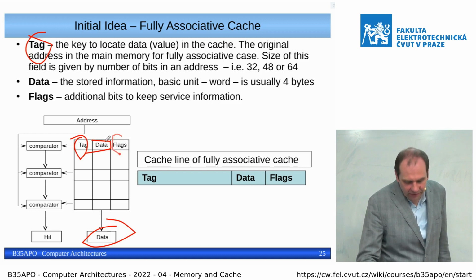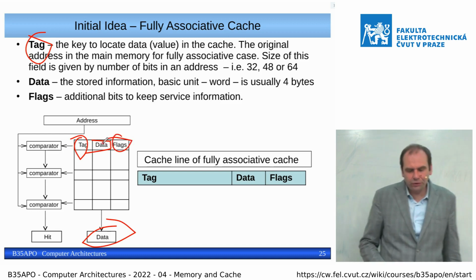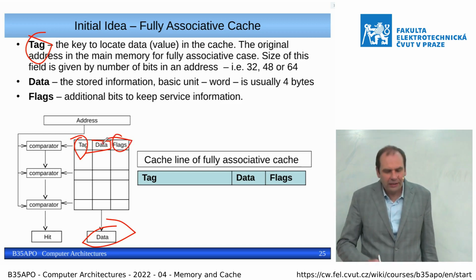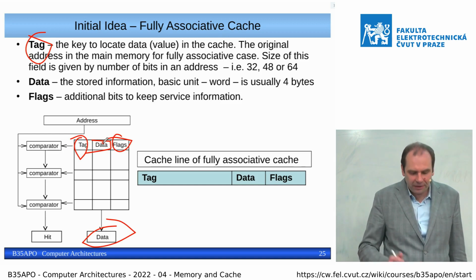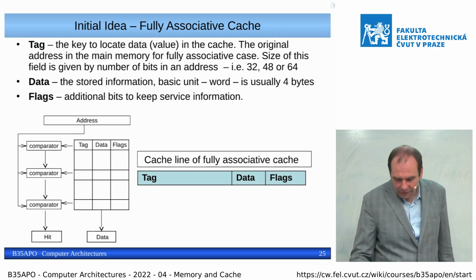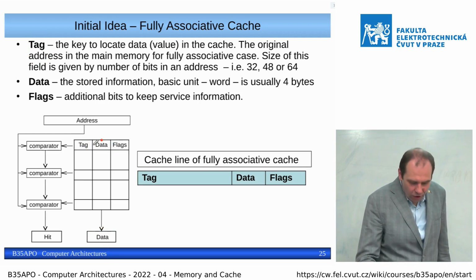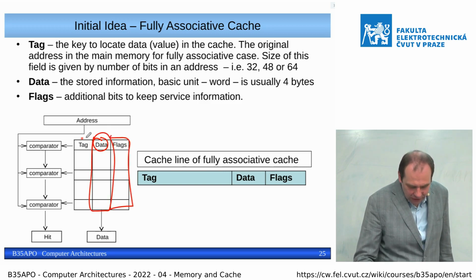And then we need some flags. Those flags allow us to check if the actual location is filled with data or if it is empty, and so on. The capacity of the cache is this part, but we need to add additional hardware.